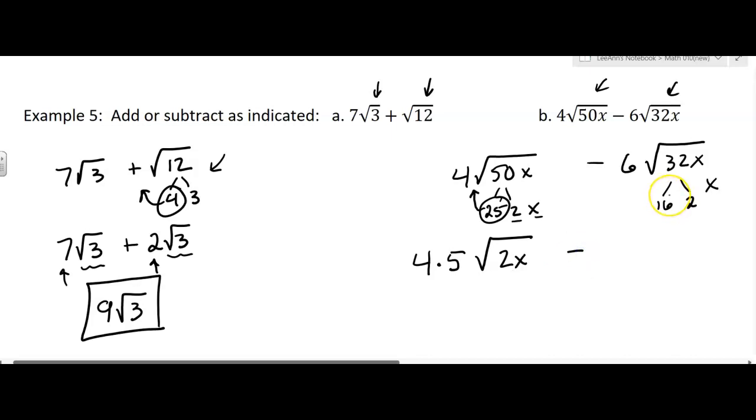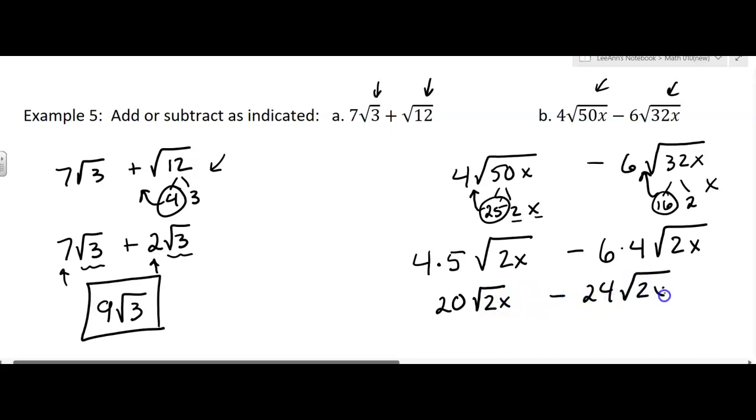All right, on the other part, you've got minus 6, but the 16, I'm going to take the square root of, times 4, and then what's left inside? 2 and x, okay? So this is looking pretty good because the radical parts are the same. But I do need to do the multiplying. So 20 radical 2x minus 24 square root 2x, either way.